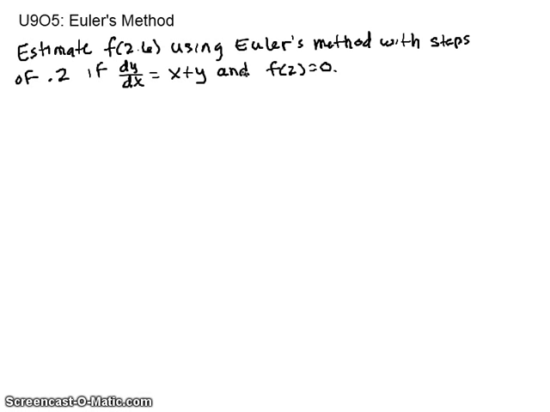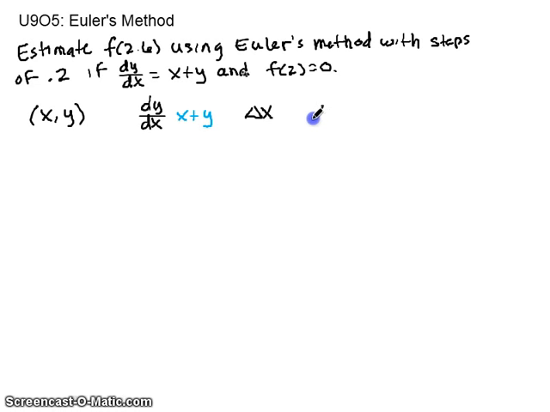The first column is just going to be some point x, y. The next column is going to be dy dx. For our particular problem, that's x plus y. That's going to change depending on your problem, obviously. The next column is going to be delta x, and don't forget that delta x just means the change in x.